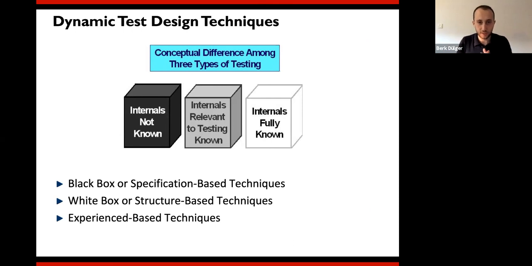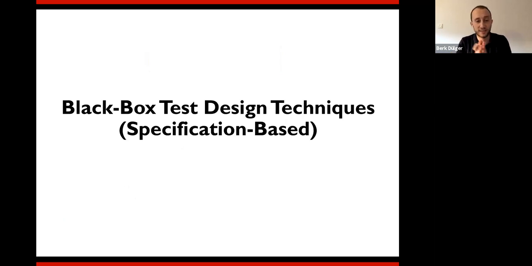The first one is black box testing, the second one white box testing, third one experience-based, and also you can add defect-based techniques as a fourth category or combine with the third, experience-based techniques. It doesn't matter so much. Techniques are there. It's not important how you categorize them, but they all have pros and cons, better places to use. And today, as I said, I'm going to mention black box techniques.